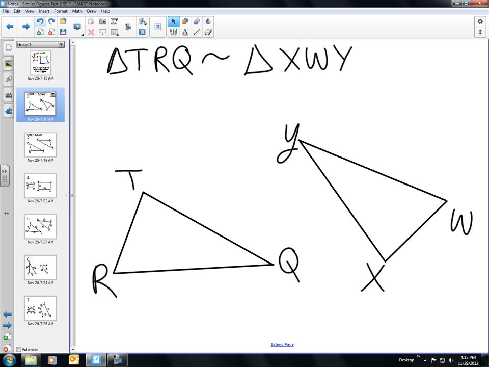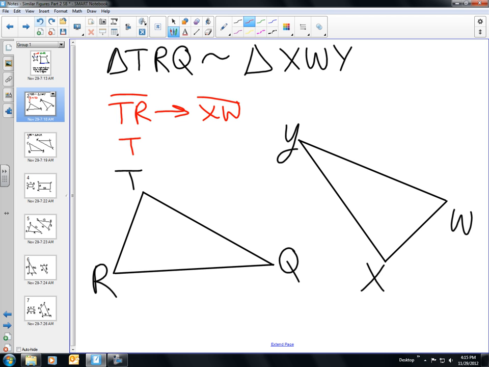So corresponding sides in this case you could say are TR corresponds with XW. That would be one pair. And then you could say that side TQ corresponds with side XY. And then, of course, the last side will be corresponding.